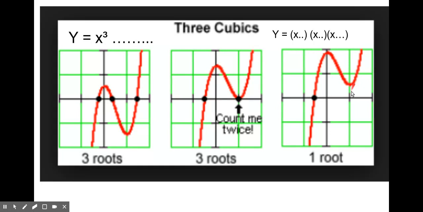The other 2 are imaginary numbers, like that lesson that you just did earlier today, where you could get your answers being negative square roots, which means imaginary or complex answers. So that's what's happening in this picture. You only have 1 real answer, and the other 2 give you imaginary answers. Okay, so that's the different scenarios.